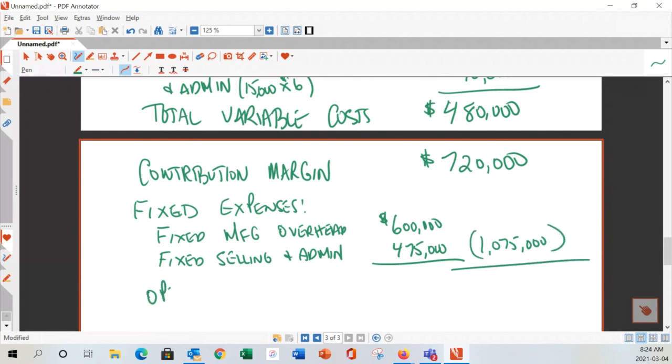And we have, again, an operating loss of 355. So the 720 minus the 1075, we have 355,000, and it's a loss.